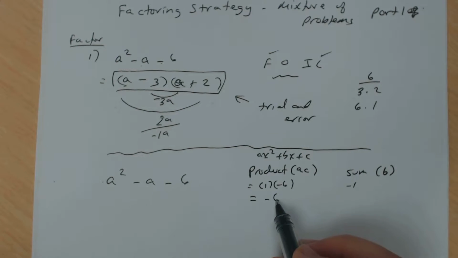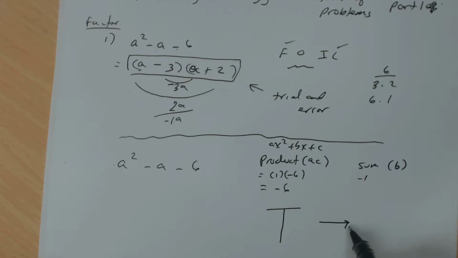All right, so the product has to be negative 6. Remember what we did? We looked at two numbers whose product is negative 6 and whose sum I need to be a negative 1. So for example, if I say 6 times a negative 1, well, that sum is 5. So 6 times negative 1 is negative 6, but when I add them up, I get 5. But remember, be strategic. You want the sum to be negative.